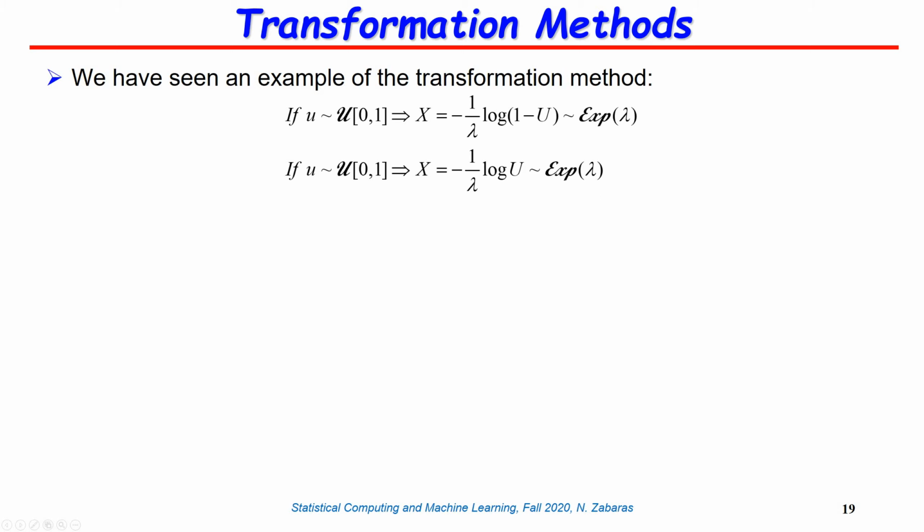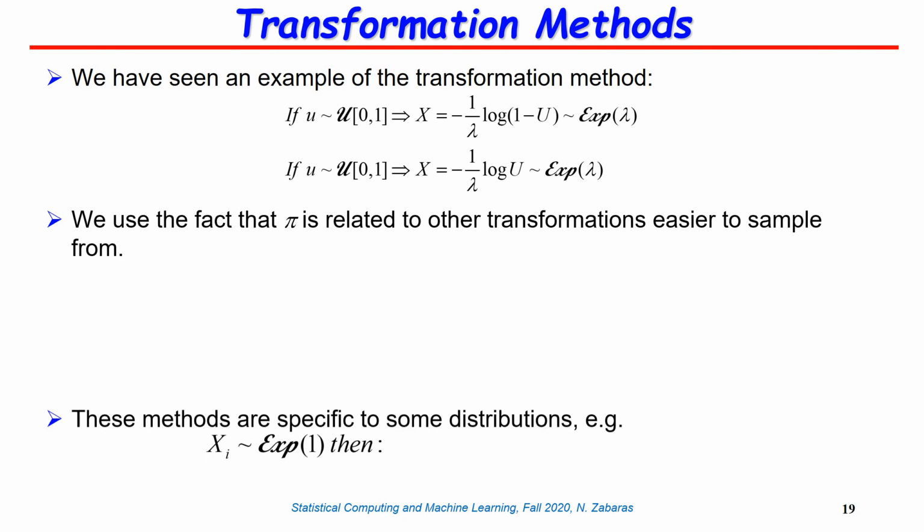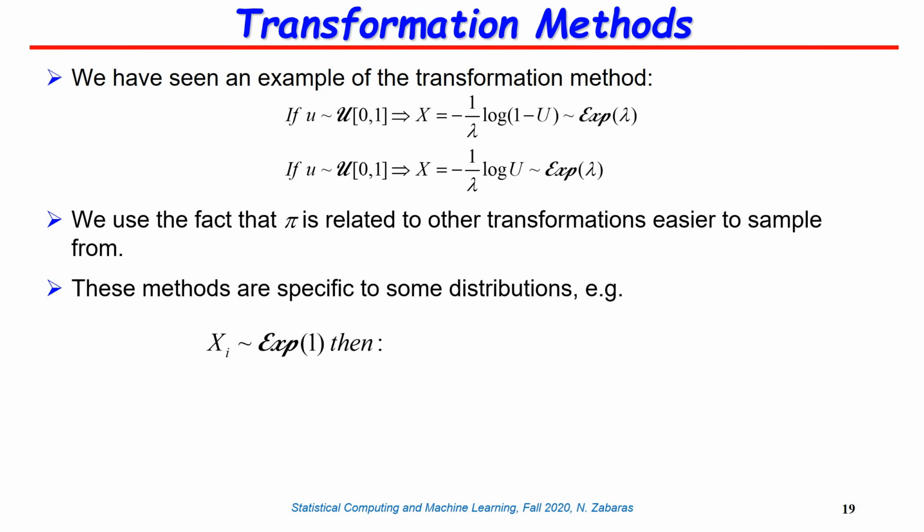Now, can we actually extend this? Let me give you some transformations. Based on the formulas on the top, we already know how to produce samples from the exponential distribution, because samples from the uniform distribution and these log maps will give us samples from the exponential distribution. So here are some transformations that only require samples from the exponential distribution with parameter lambda equal to 1.